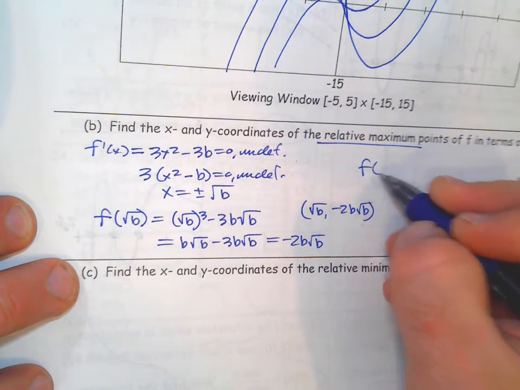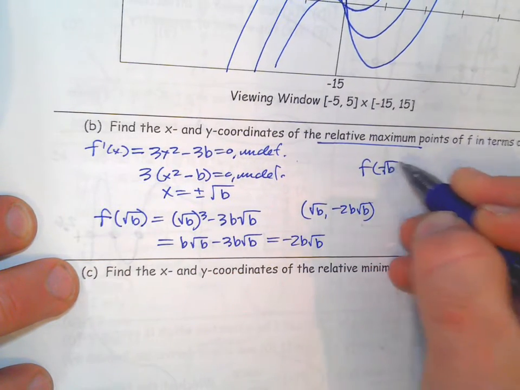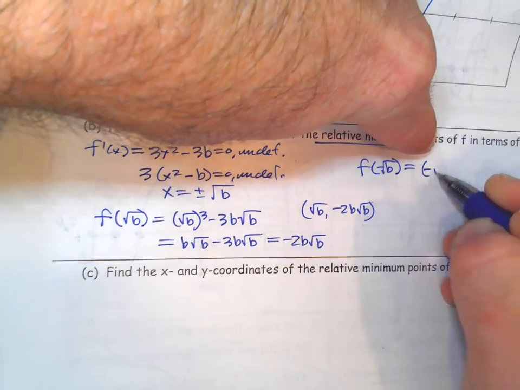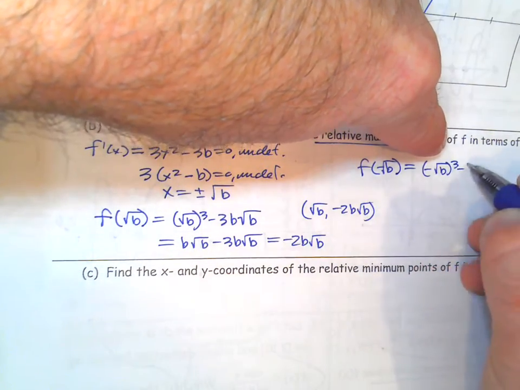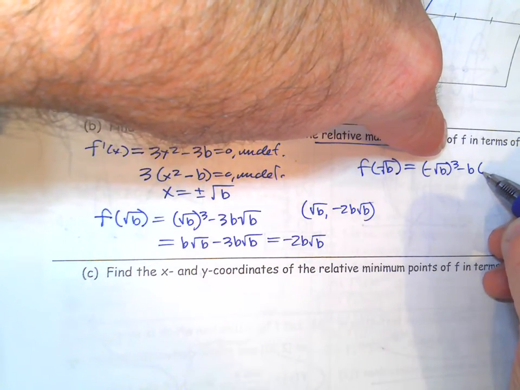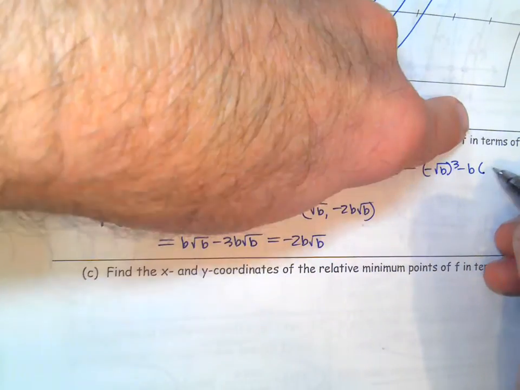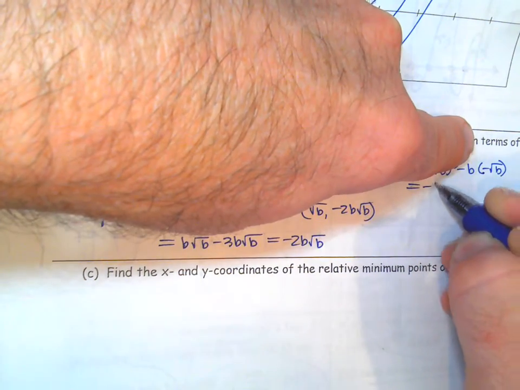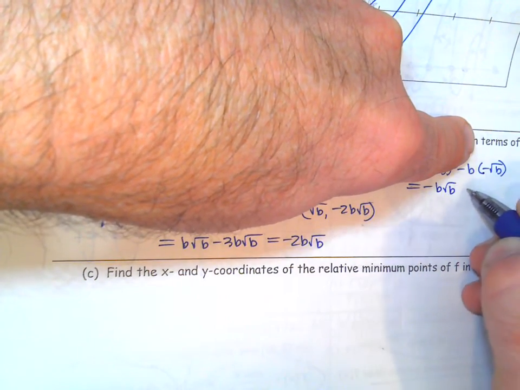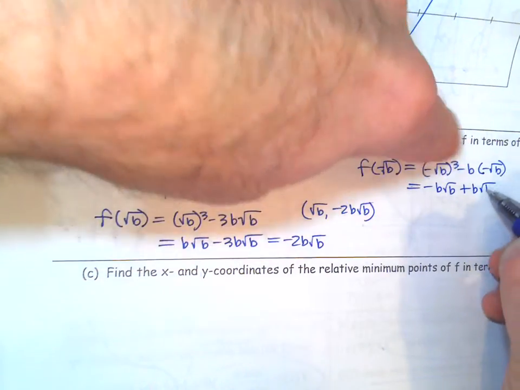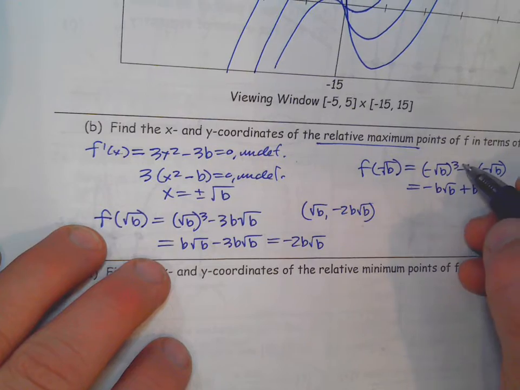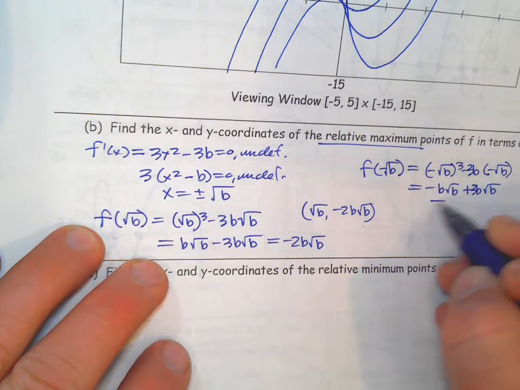If you plug in negative root b, we get negative root b cubed minus 3b times negative root b. So that's going to be negative b root b plus 3b root b. Should be a 3 here. So that's going to be positive 2b root b.